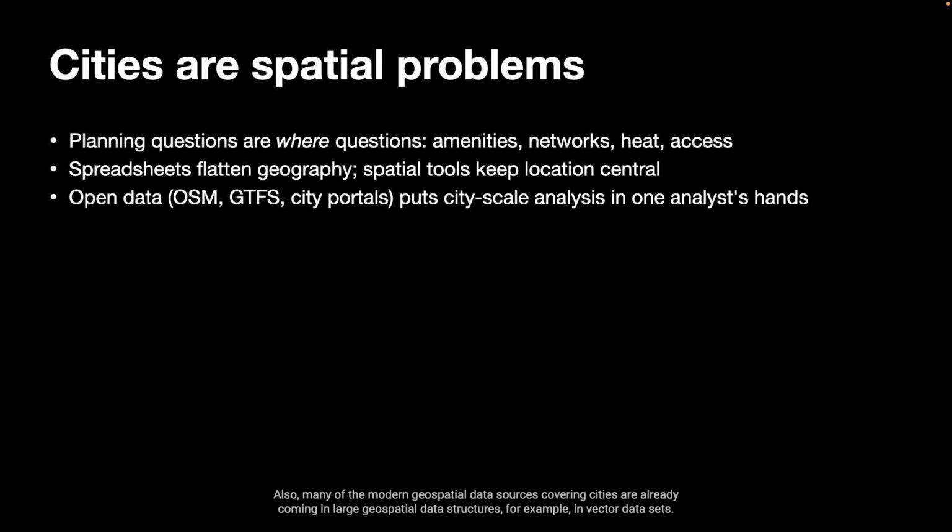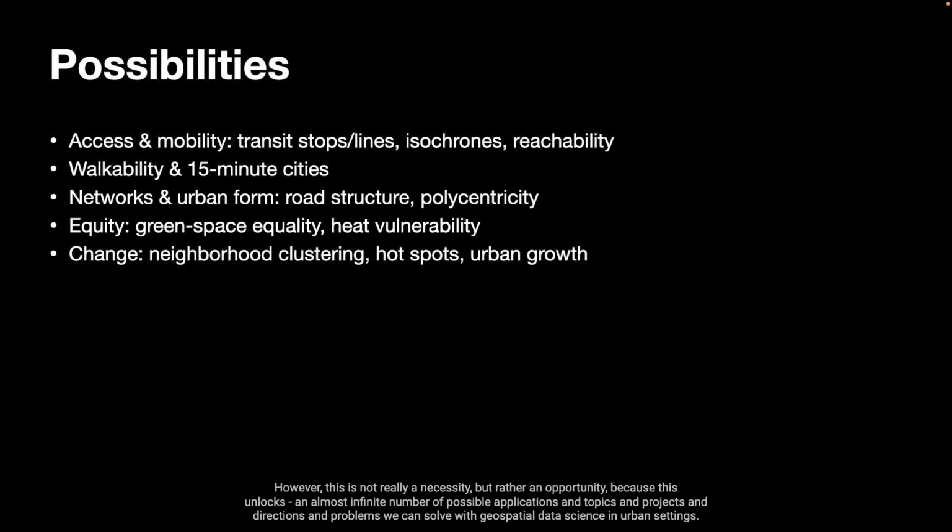Also, many of the modern geospatial data sources covering cities are already coming in large geospatial data structures, for example, in vector datasets. However, this is not really a necessity, but rather an opportunity, because this unlocks an almost infinite number of possible applications and topics and projects and directions and problems we can solve with geospatial data science in urban settings.